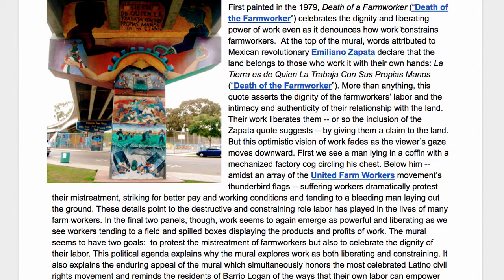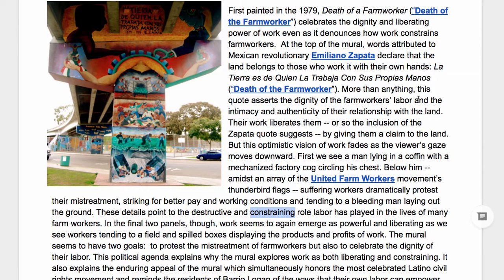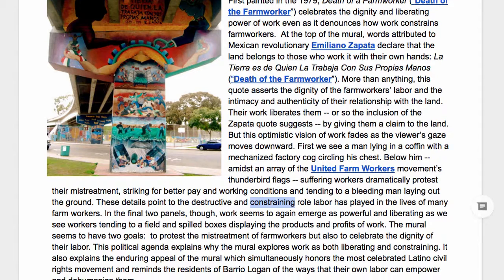So the word constrains appears in the claim, and here a variation of it, constraining, pops up in the interpretation of the details. Back and forth. The connections are made, the details are shared, but also explained, interpreted, connected to the claim. Another crucial part of the project.